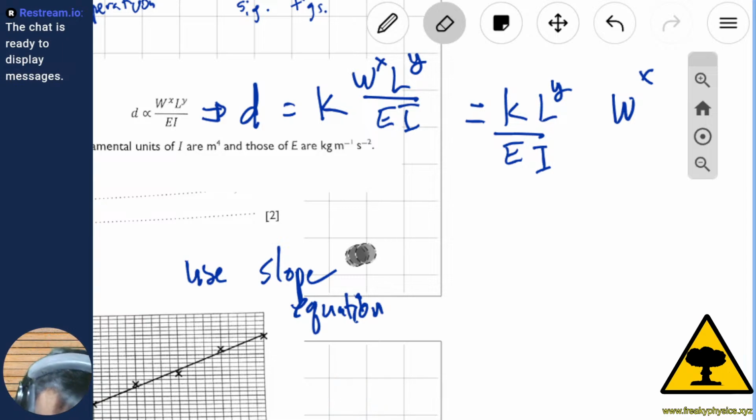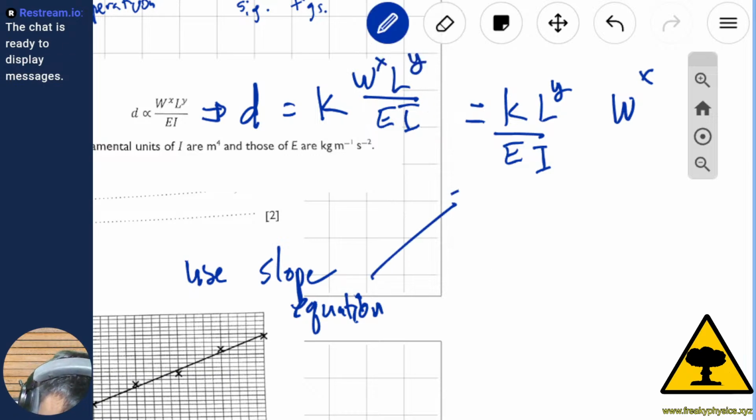Now what we can do here is compare this to the slope equation.